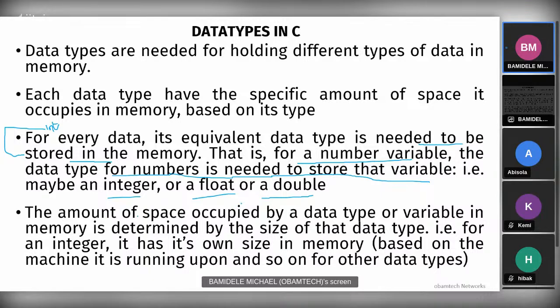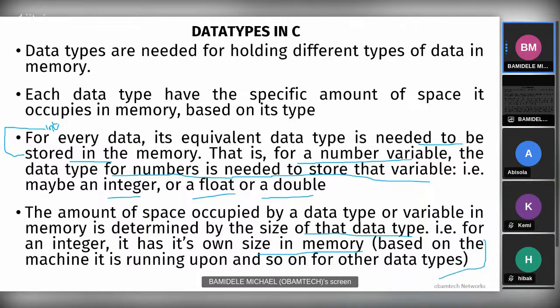The amount of space occupied by a data type or variable in memory is determined by the size of that data type. If you are declaring an integer, it has its own amount of space it occupies in memory, and this is actually based on the machine it is running.